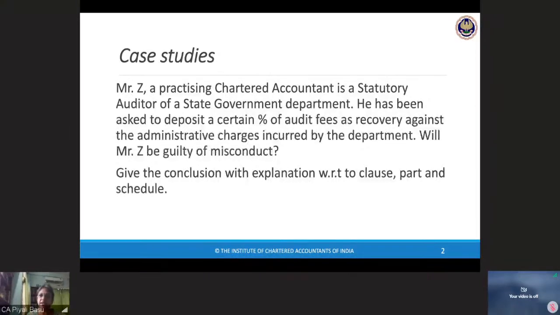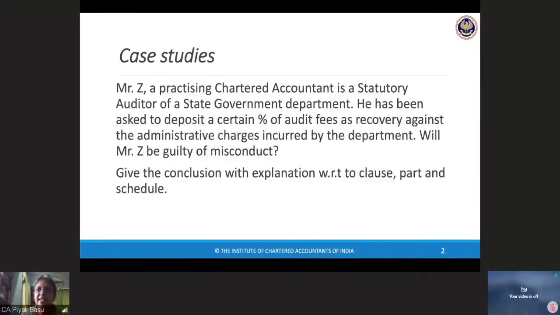So it is all right that clause 2 says that we cannot pay or agree to pay a percentage of the audit fee or percentage of the profit. You remember, students? So, if we are doing this, we are paying a percentage of our fees. So you might say that Mr. Z is actually guilty of such misconduct.